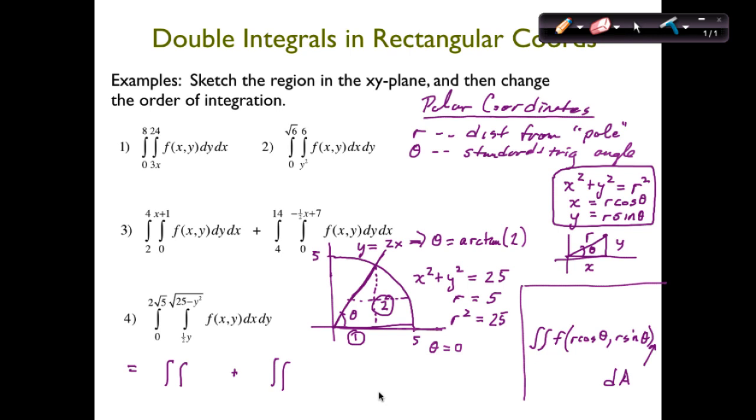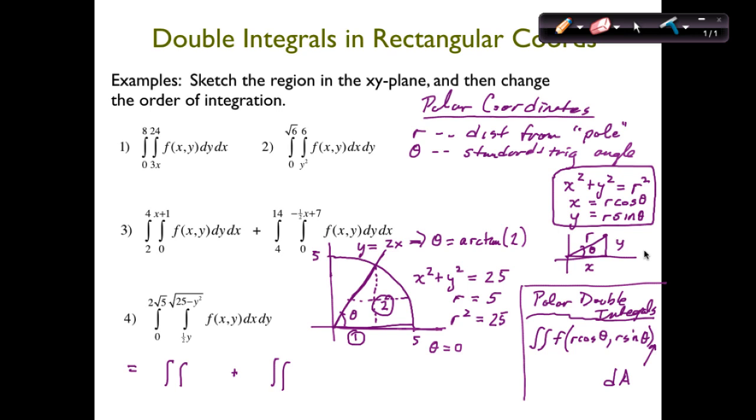Before it was bottom to top, left to right, or left to right, bottom to top. So when we're talking about r and theta, what will it be now? We're talking about polar double integrals now. We haven't really established anything concrete yet, except we're reviewing polar coordinates and talking about this example a little bit.